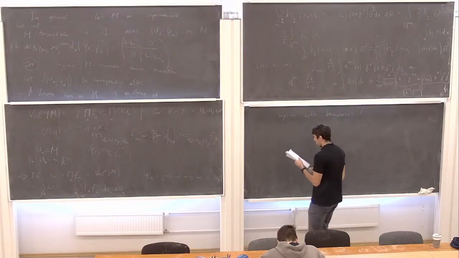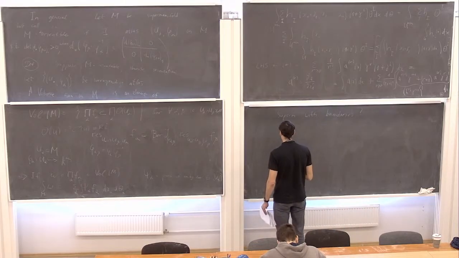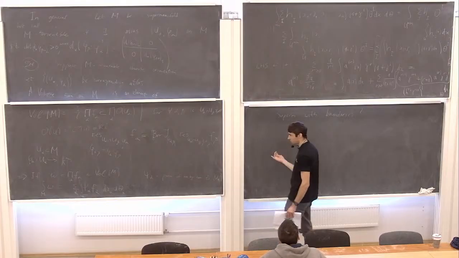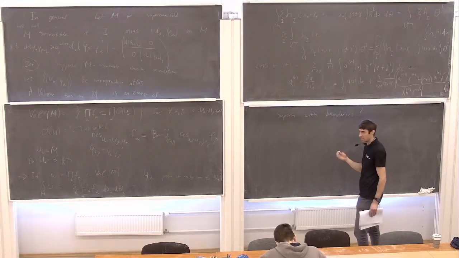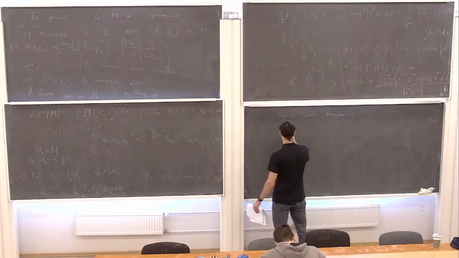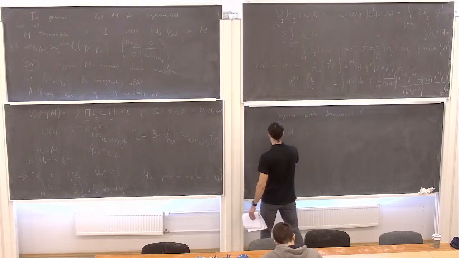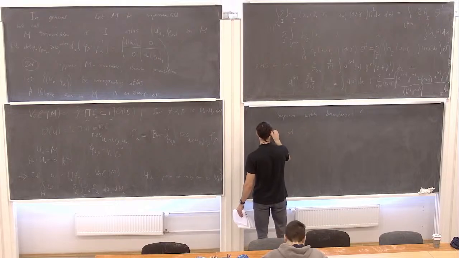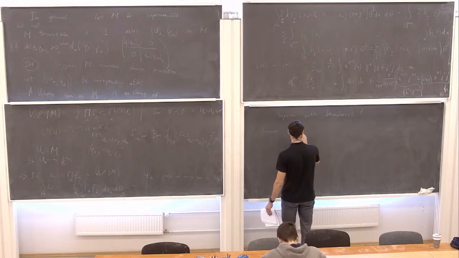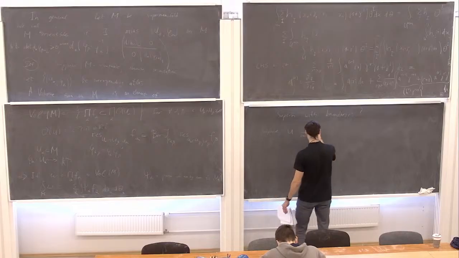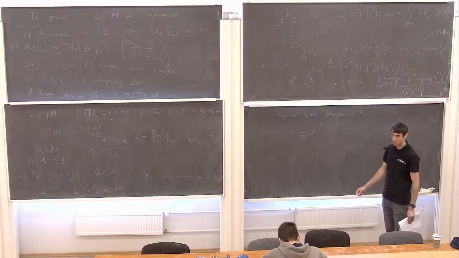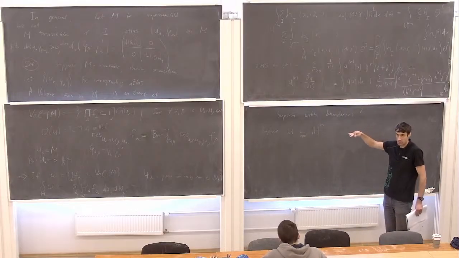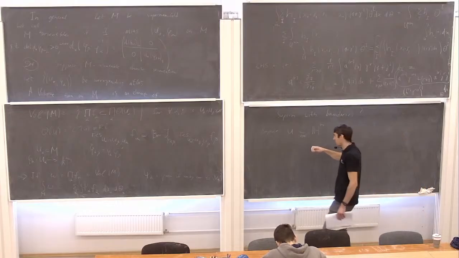Well, I also would like to have some local model, right? So I need some U. So suppose U is an open subset of H^m. Well, H^m is our half space, as usual, right?